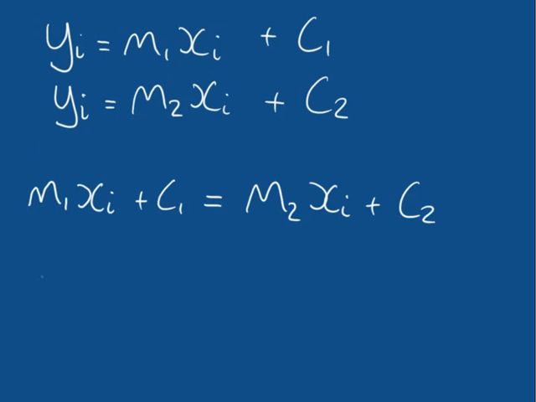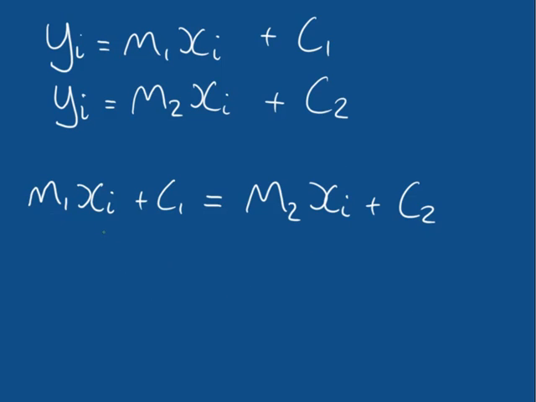So let's have a look at what we have in this equation. We have a constant value m1, a constant value c1, a constant value m2, a constant value c2. So all of these are just numbers. When we're dealing with actual lines that are intersecting, these are all constant numbers, and we have a single variable xi, and it's the same variable in both cases.